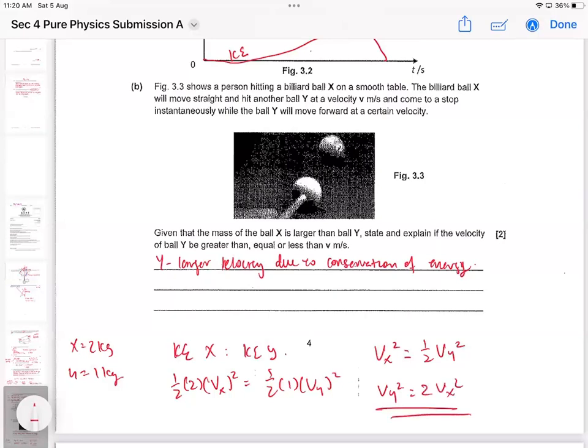So numerically, this will tell you that due to conservation of energy, the velocity of X is likely to be lesser. And the question says there's a smooth table, so there's likely no friction. So we will assume, based on the smooth table, all the energy is transferred.